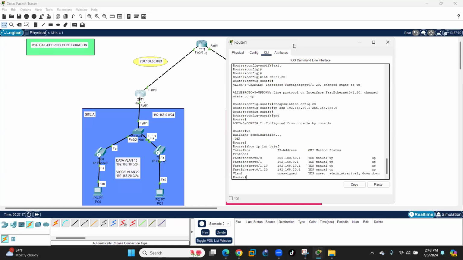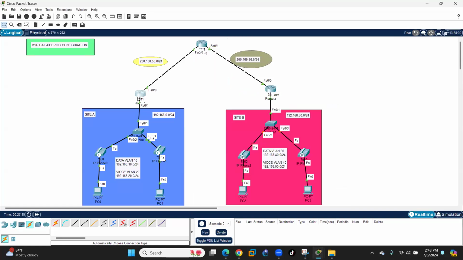So I've configured my sub interfaces on this router. Please go ahead and do that.